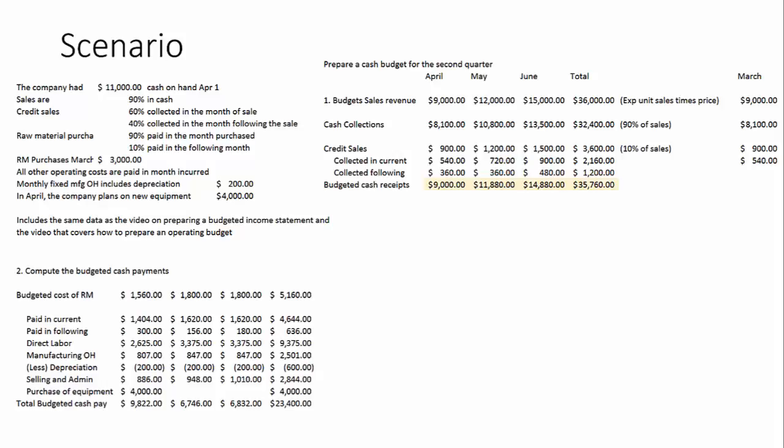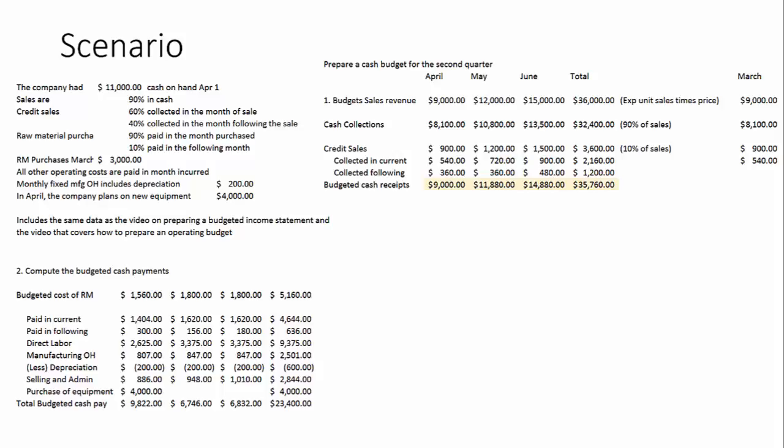And this also is using a budgeted cost of purchasing those raw materials, and you will have to look back on that video, the first video on calculating the operating budget, in order to find where I'm pulling those numbers from. The $1,560, the $1,800, and $1,800, I'm pulling those for the different months from calculations that were done in that video. So it's very dependent.